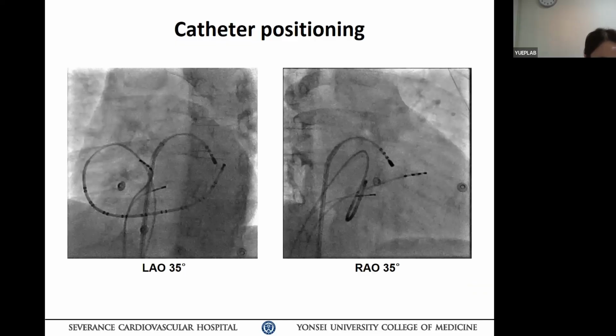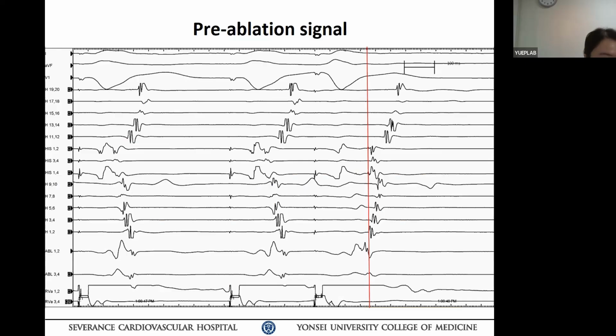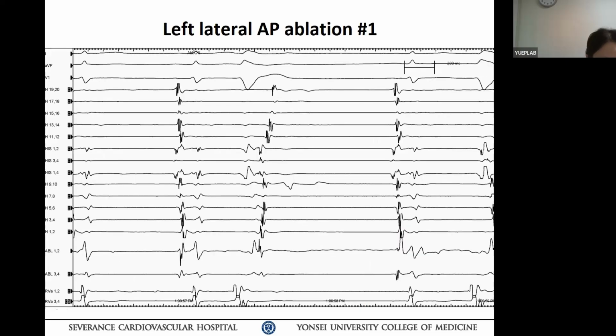So we performed the ablation targeting the left rotor accessory pathway, and this was the ablation catheter positioning. Before starting the ablations, the earliest atrial activation and shortest VA interval was observed at the ablation catheter during the V pacing. So after confirming the site, we started ablations.